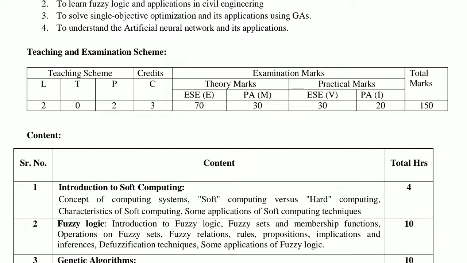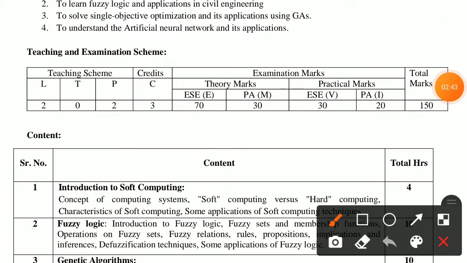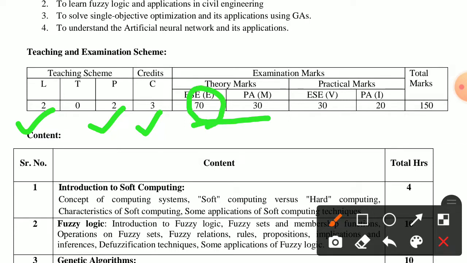Now the teaching and examination scheme is given. This subject's credit is 3, with 2 lecture and 2 practical. You have 30 marks of theory, 70 marks for your external GTU paper and 30 marks for the mid examination paper.